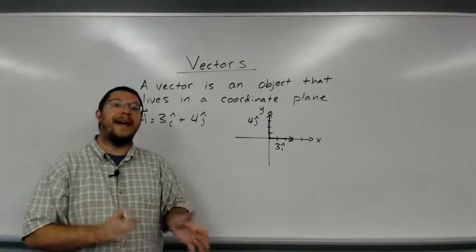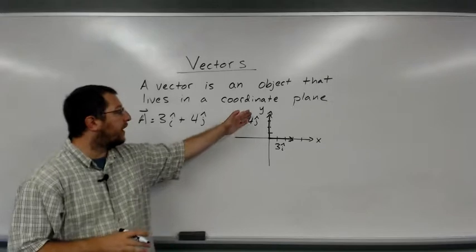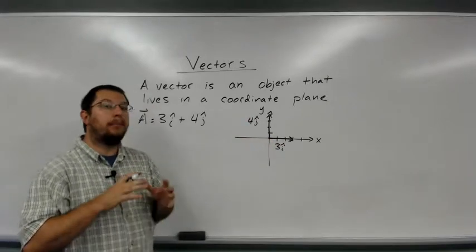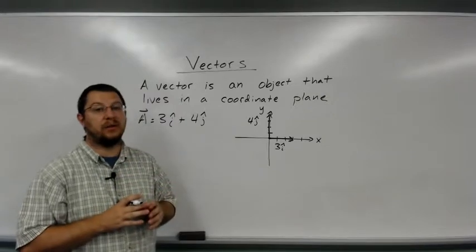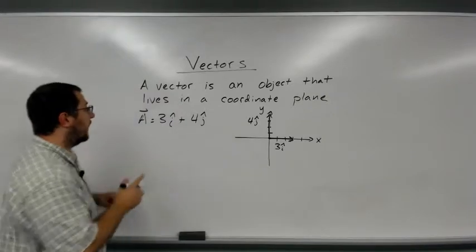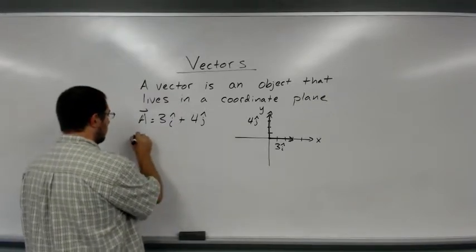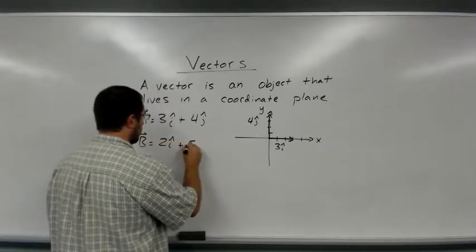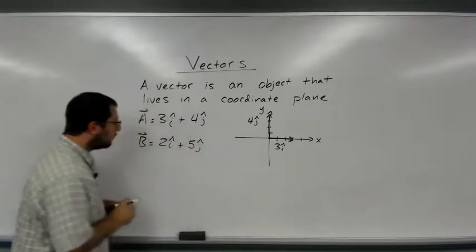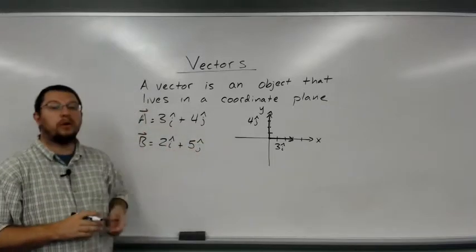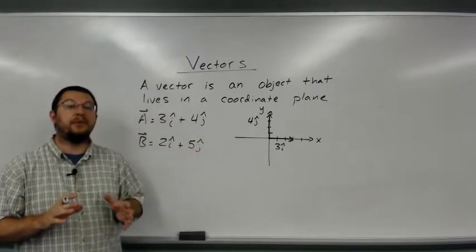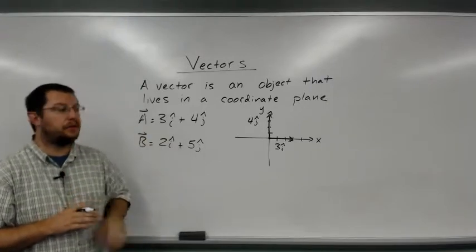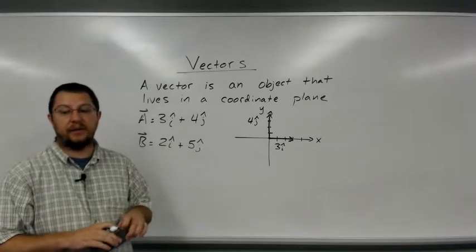Now, how do I add vectors? Well, I have vectors along my axes, so what we're going to do is relatively easy, but the thought process is also more general. Let's say I have 2 vectors, A and B, and they have these coordinates. The process I'm about to do would be the exact same to add these 2 vectors. Okay? And we will actually see that here in just a moment.